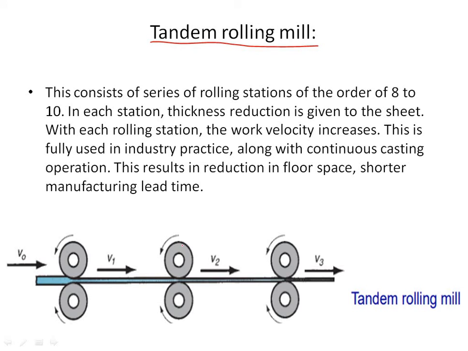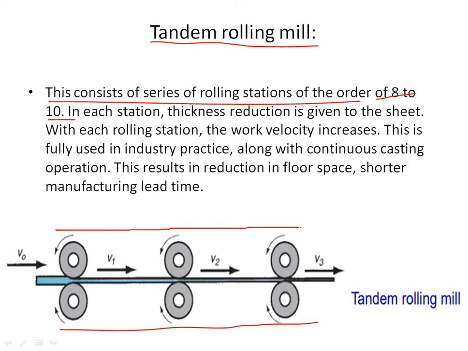In a tandem rolling mill, the difference compared to the others is that it consists of a series of rolling stations, of the order of 8 to 10. You can see these rolling mills arranged in a series of stations.